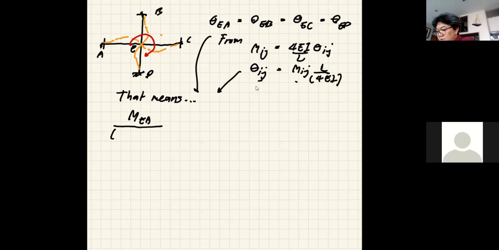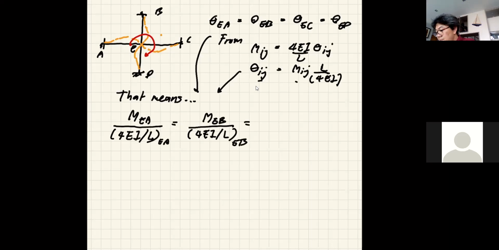So it becomes MEA over 4EI over L, and this has to be equal to MEB over 4EI over L. But the I over L should be of that respective member, so maybe it's wise to have the subscript EA, EB.